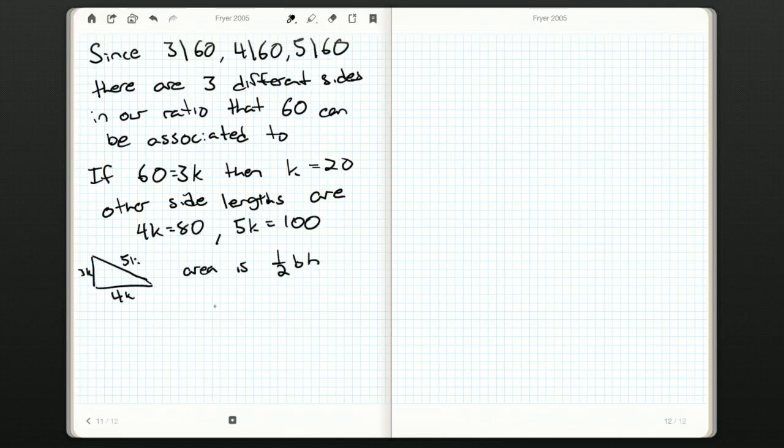One half base times height. So 1/2 3k times 4k. Right, because it's a right angle triangle, so we get base and we get height. Which is going to be 6k squared. So really, we don't even need to figure out these other side lengths.